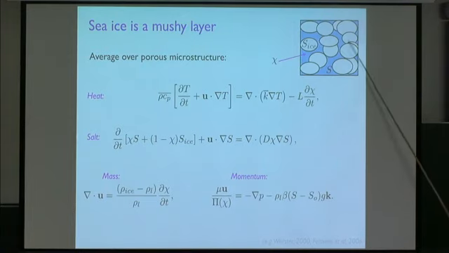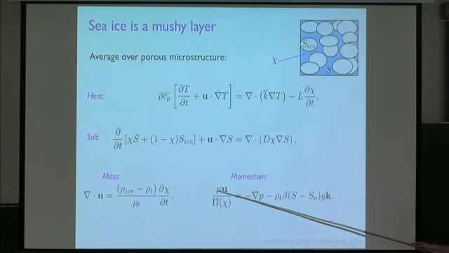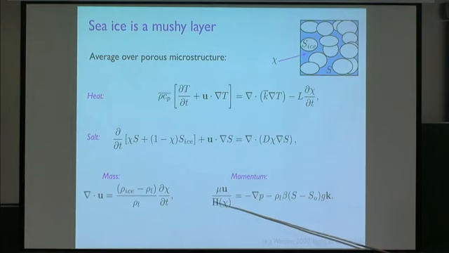And then the other thing you need to do is to homogenize your momentum equation. And this recovers Darcy's law average. So you basically average your viscous stresses over this porous microstructure, and then rather than having mu del squared u, you pick out mu over pi, where this pi is a permeability function that is often characterized in terms of the underlying porosity.